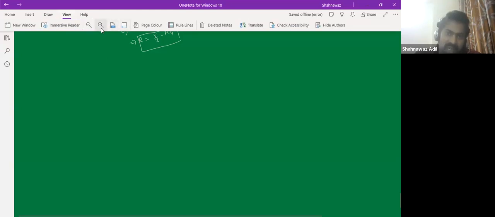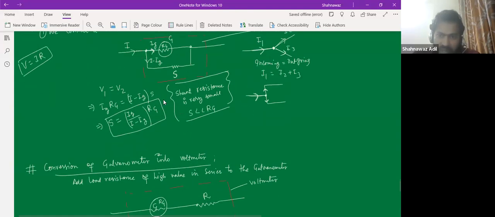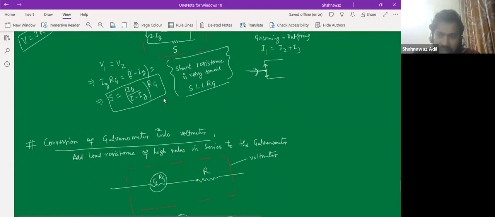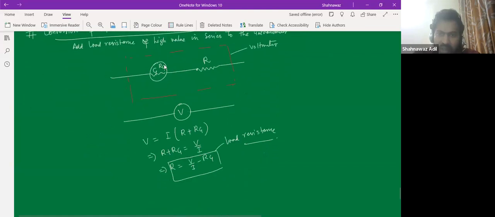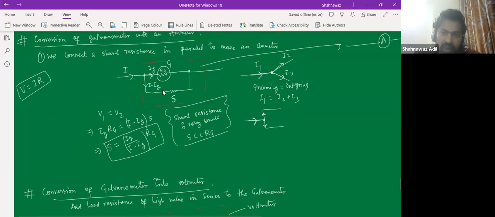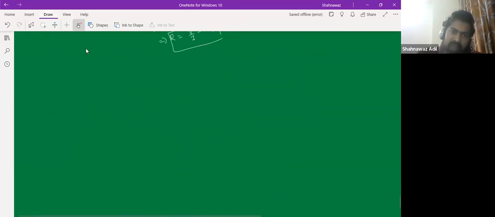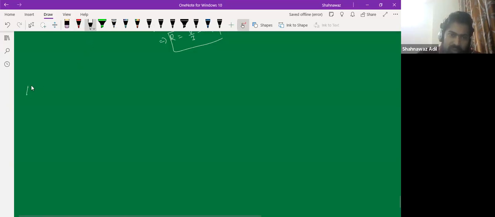We have seen that we cannot directly use a galvanometer as an ammeter or voltmeter. We have to connect a shunt resistance or a load resistance to it to make an ammeter or a voltmeter. So let's see why we do that.